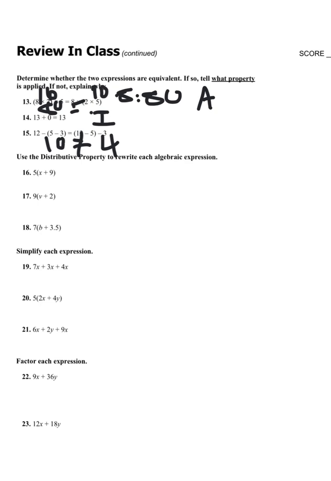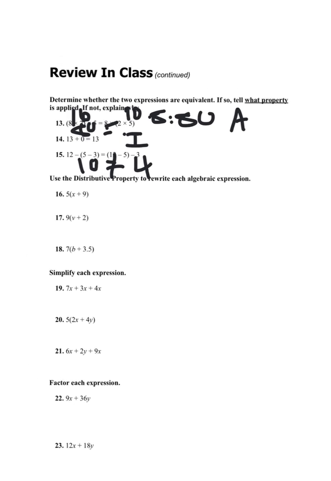All right, now we're going to look at number 16. We have 5, and then in parentheses, x plus 9. So our first step is multiplying our 5 to the first number or variable in the parentheses, which is x. So we have 5x. We're going to carry our addition symbol down and then add in the 5 times 9, which is 45. We can't solve for x, so we're just going to leave it at 5x plus 45.